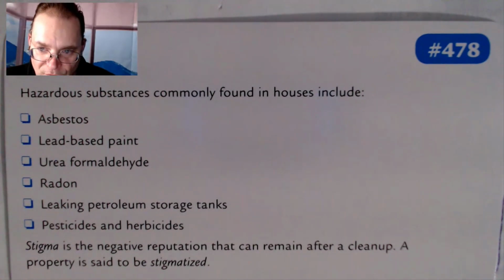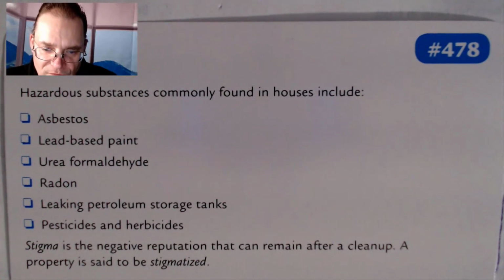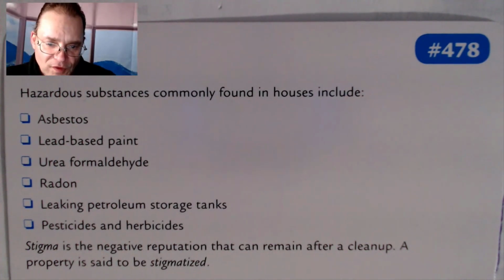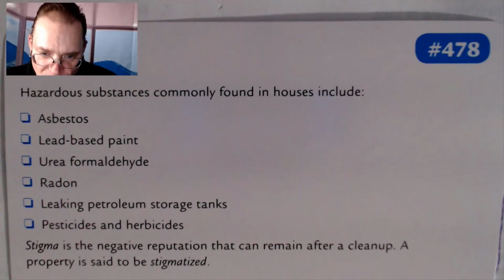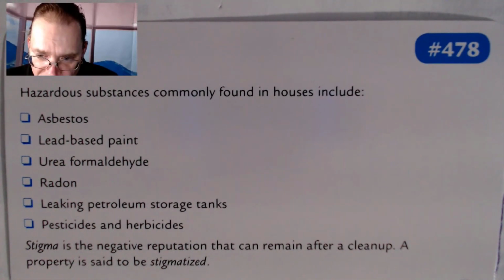Hazardous substances commonly found in houses include asbestos, lead-based paint, urea formaldehyde, radon, leaking petroleum storage tanks, especially underground tanks, pesticides and herbicides. Stigma is a negative reputation that can remain after a cleanup.